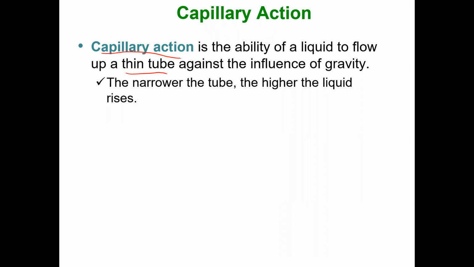When you talk about the xylem and the phloem, you're talking about the vascular tissues of plants, and essentially they're narrow tubes with carbohydrates such as starch. So the narrower the tube, the higher the liquid can rise. So you have a greater capillary action with a narrow tube. But capillary action, the ability for the liquid to flow against gravity, is also influenced by intermolecular forces.